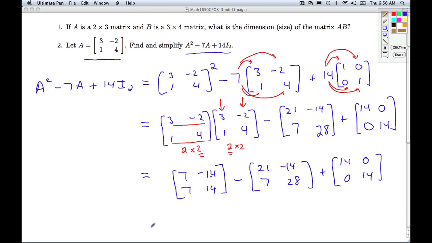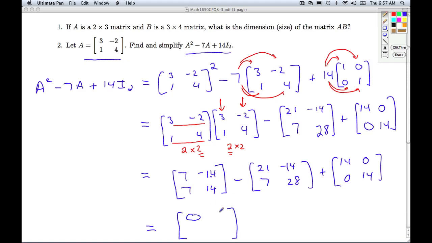Alright, so now we're down to the final step, the subtraction and addition. And how do you subtract and add matrices? You do it entry-wise. So, to get the first row, first column entry, I take 7 minus 21 to give me negative 14, plus 14, that gives me 0.